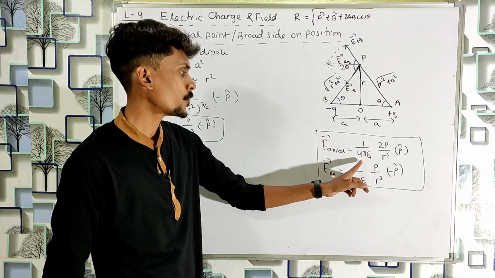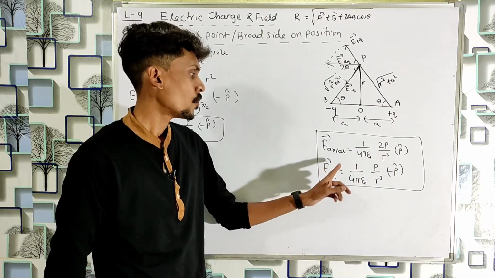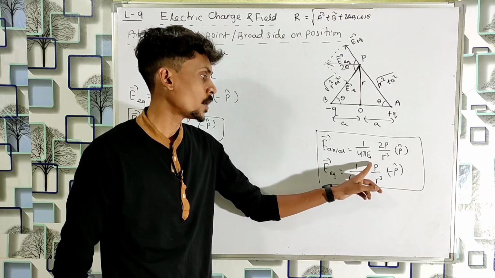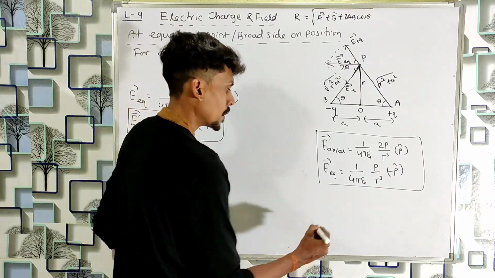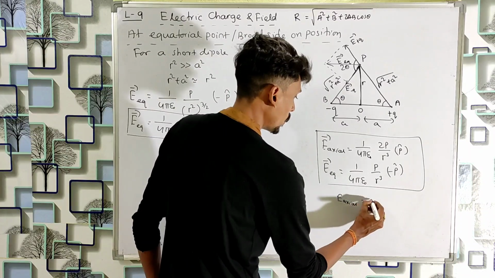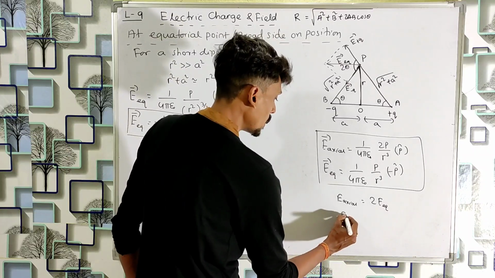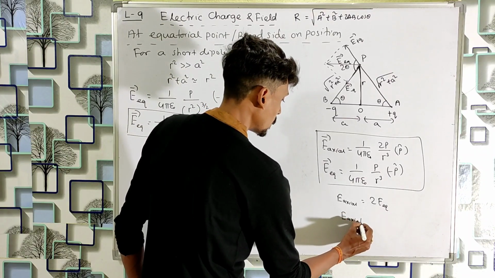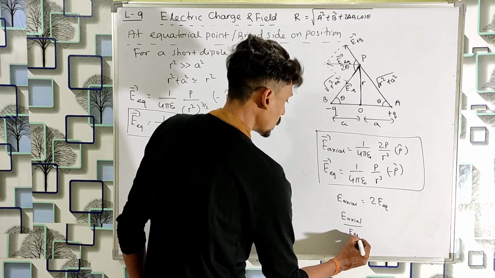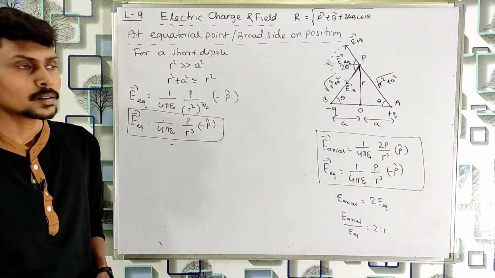Here we have 1 by 4 pi epsilon naught 2p by r cube, but here we have 1 by 4 pi epsilon naught p by r cube. So E axial is equal to 2 times E equatorial, or the ratio E axial by E equatorial will be 2:1. Is that clear?